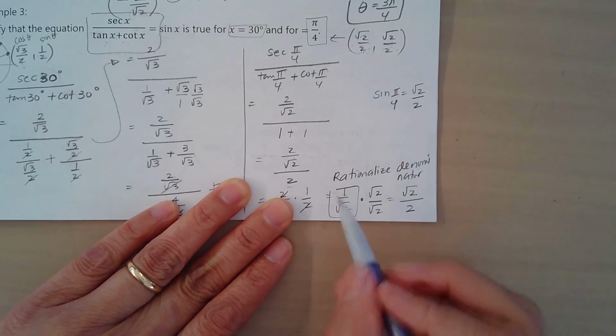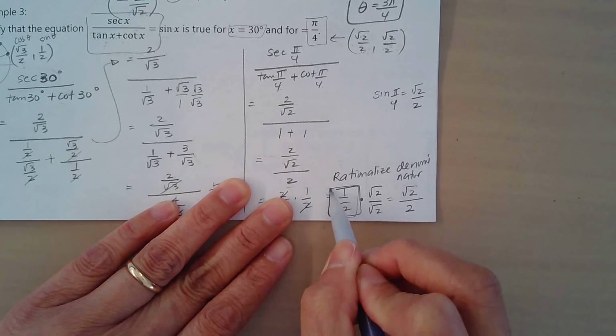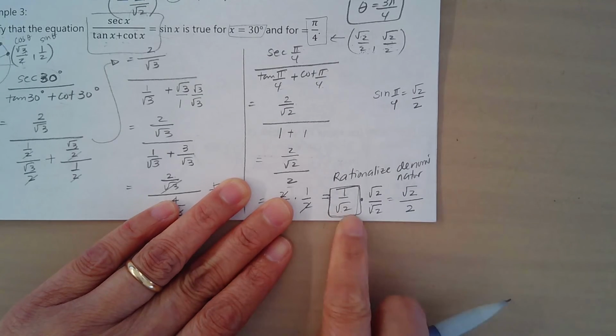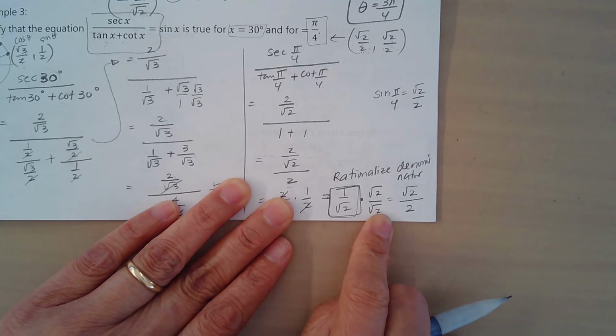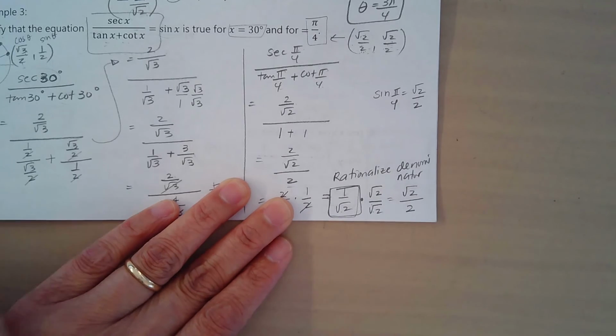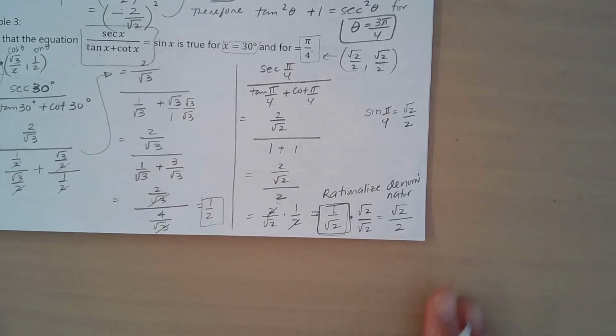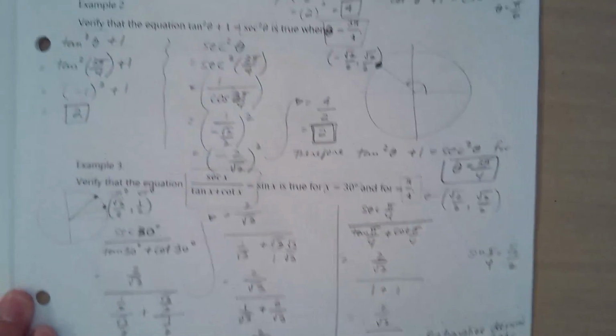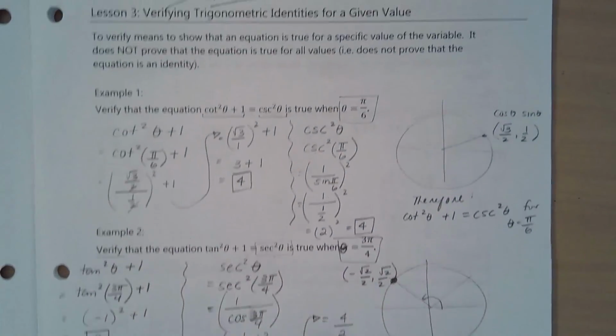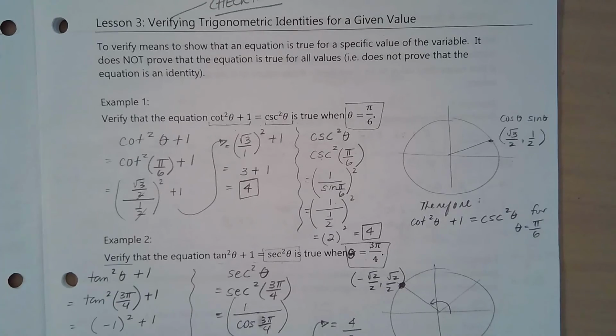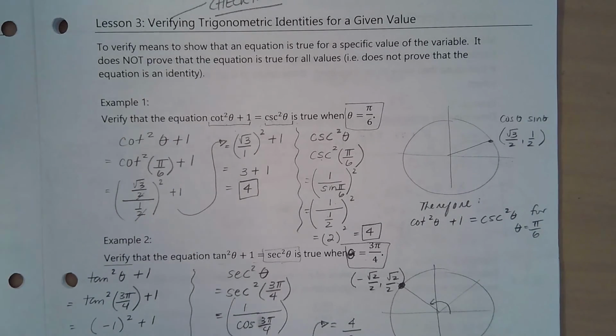So they might not be exactly the same to begin with, but if we rationalize the denominator, it will be exactly the same. Yeah. So in terms of verifying, this is what it means. You substitute. It's like checking your answer to see if they are correct.